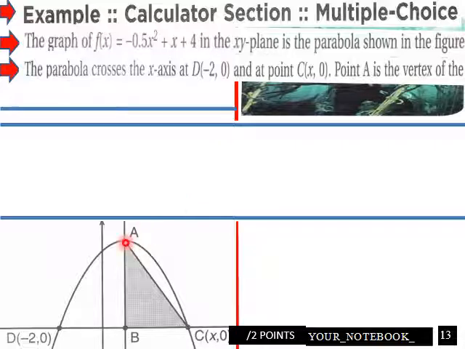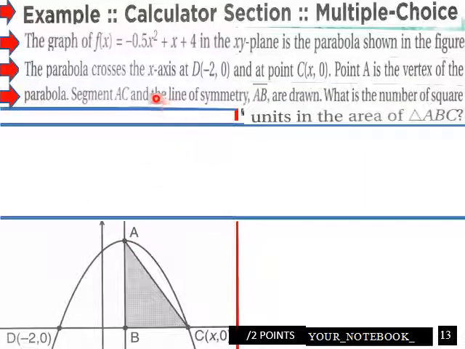Point A is the vertex of the parabola. Segment AC and the line of symmetry AB are drawn. What is the number of square units in the area of this triangle here?